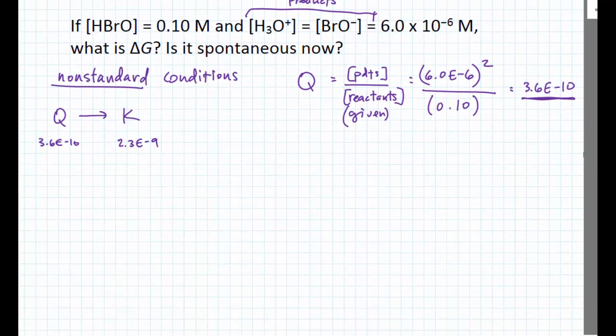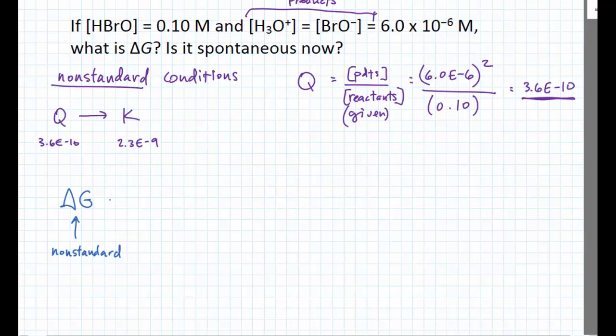The equation that I gave you before for a non-standard delta G that we didn't get to practice yet, non-standard, is the standard delta G plus RT natural log Q. And again, what we said is we take a standard delta G, and then that will either go up or down based on where our Q is, where the reaction happens to be at the moment. Okay?